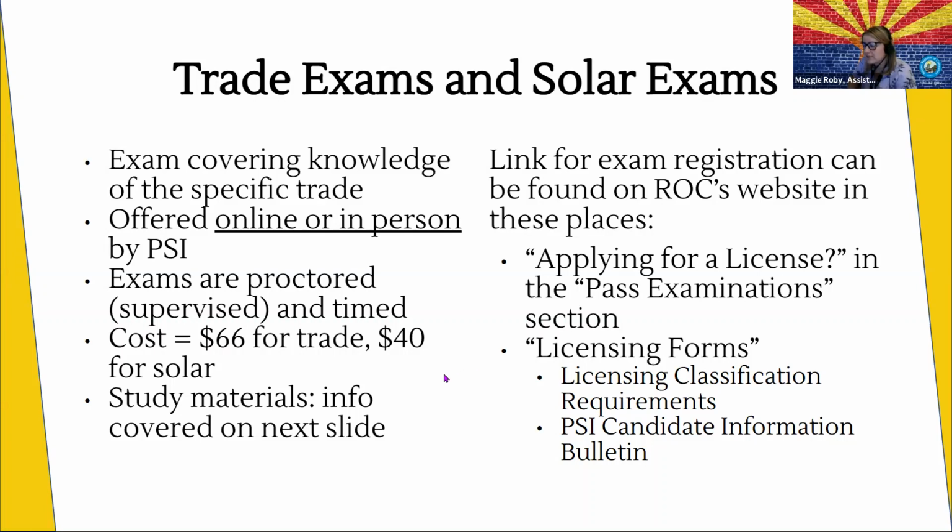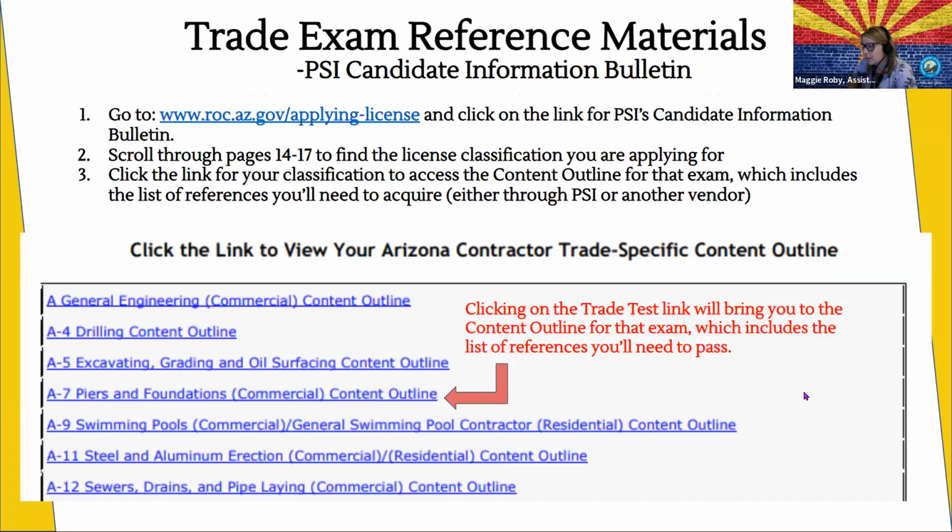For the trade exams, that is going to be key. That's where you want to go, because that gives you an outline of your exam, links to your study materials, and then you can also find the link to PSI to register online as well.